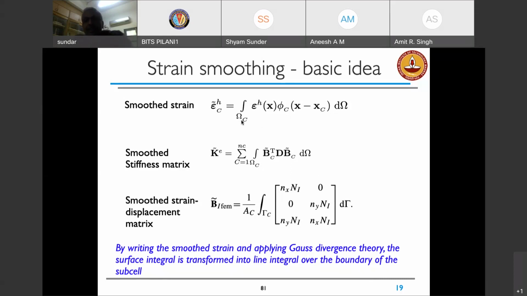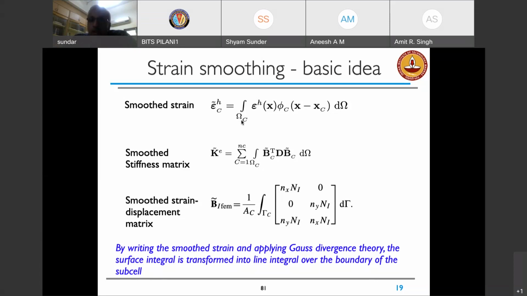Interestingly, that integral can be quite efficiently calculated just by knowing the property of the shape functions on the boundary, right? For example, if you are using a linear element, the shape functions on the boundary are linear, and integrating a linear function, you just need one integration point at the center, which implies you don't need to know the derivative of the shape function.